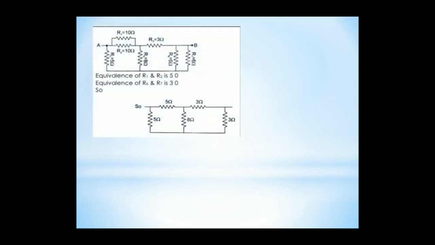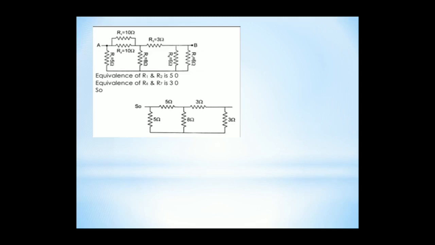In the given figure, we can see that we have different resistances which are connected in different combinations. If we start from R1 and R2, we can see that R1 and R2 are equal to 10 ohms and both are in parallel combination.